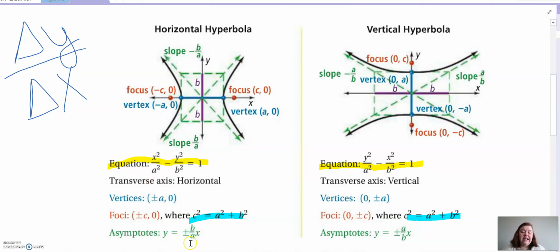X goes with a, so a has to be in your denominator, b over a. For the vertical hyperbola, now the a is underneath y, so a has to be in the numerator, which we have down here, and then b has to be in your denominator. So really you want to look at where x and y are. That's going to tell you what's in the numerator and what's in the denominator of that slope.